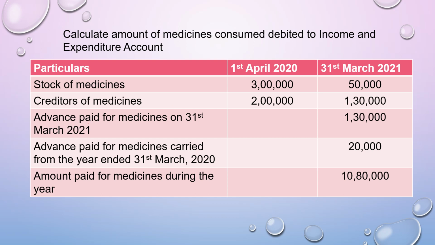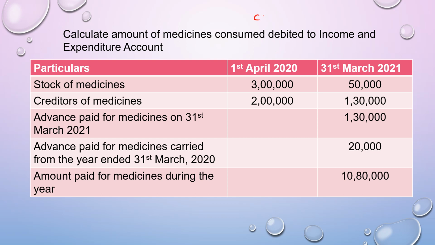Then they have given advance paid for medicine on 31st March 2021. So this is advance paid as at the end of the year, related to the medicine which is going to be supplied in the next year, which is 1,30,000. Similarly, advance paid for medicine carried from the year ended 31st March 2020. 31st March 2020 is the previous year.